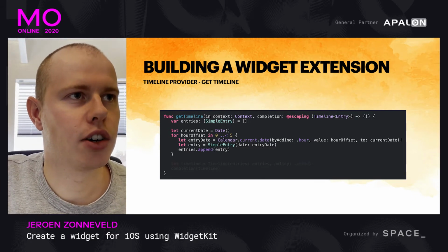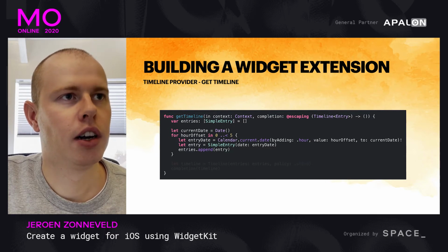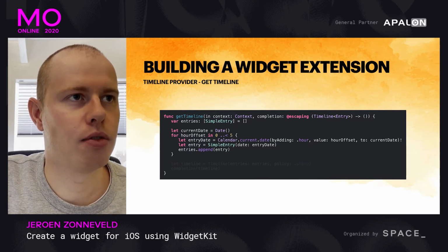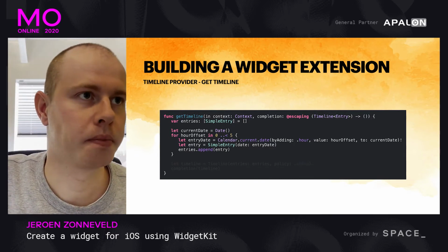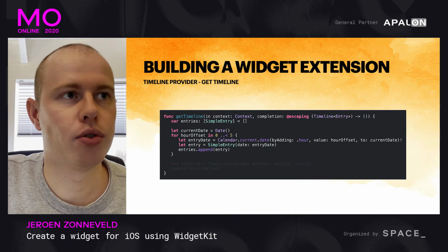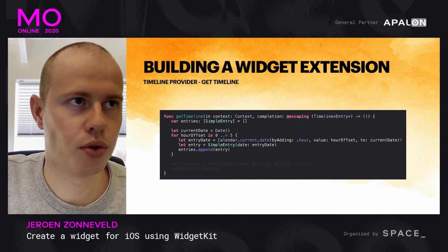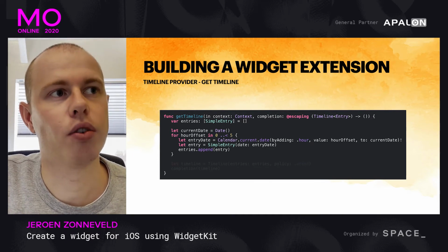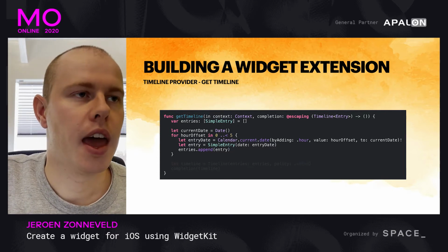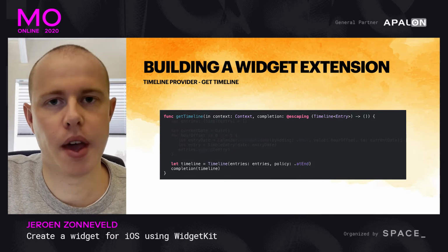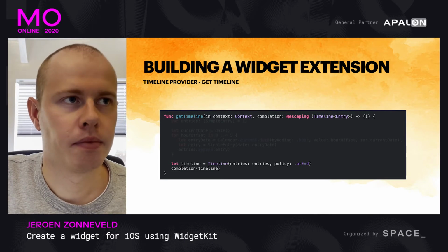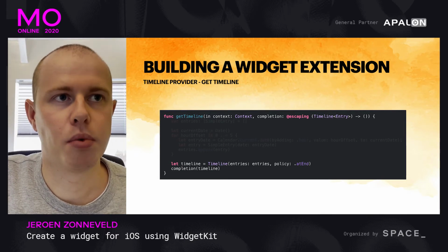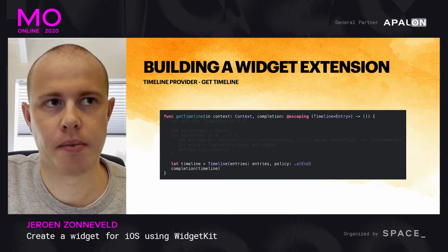So this example loops through the hours, from now until up to 5 hours, and we add all those entries to the array of entries. And then when we have an array of entries, we create a timeline object including a policy which is at end.